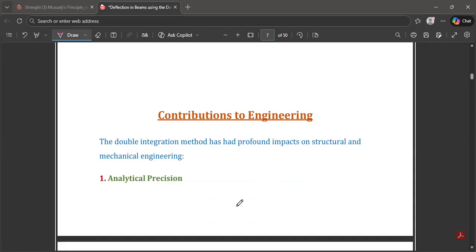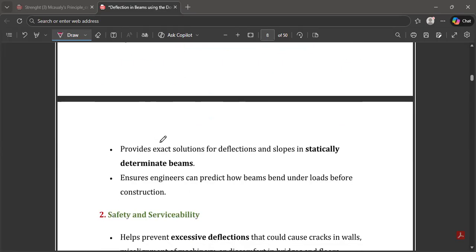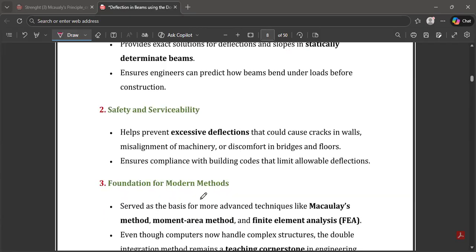It has had a profound impact on structural and mechanical engineering. One, analytical precision. It provides exact solutions for deflection and slope in statically determinate beams. It ensures engineers can predict how beams bend under load even before construction.